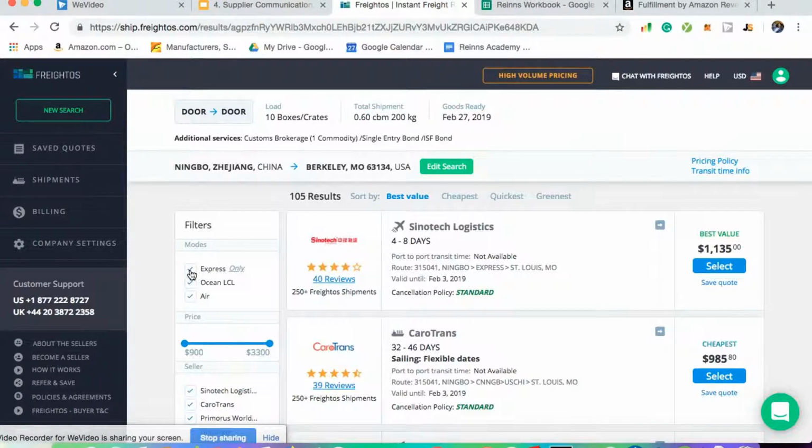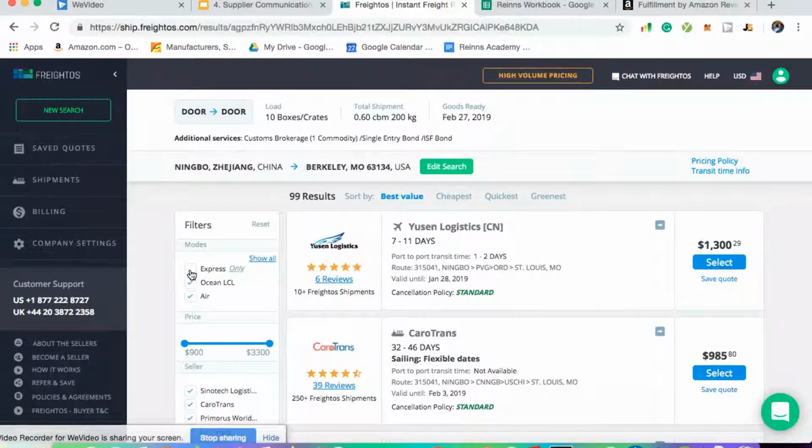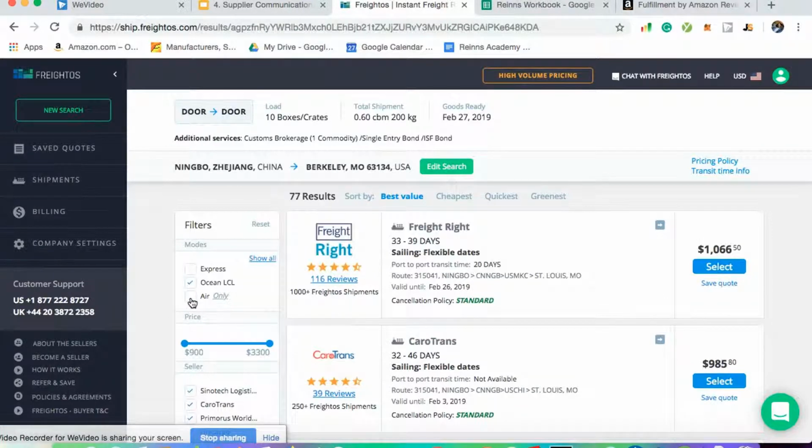So right now I'm going to use the filters to deselect that, and then of course air. See, this is air: 7 to 11 days, your goods are already on Amazon. Then of course also remove air. Now we have ocean. It tells you 33 to 36 days your goods will get to Amazon. But what I want you guys to do, look at the filters here. We have best value, 77 results, cheapest.